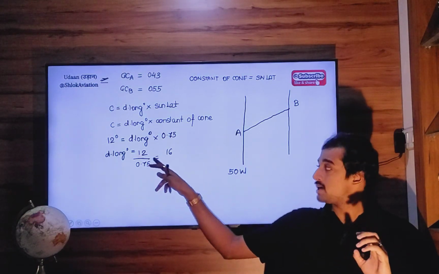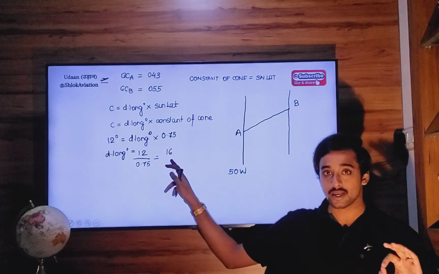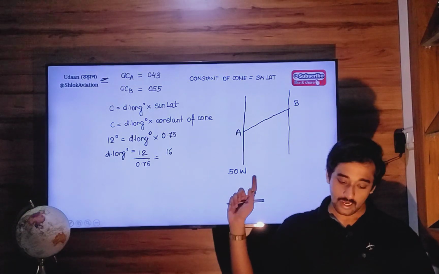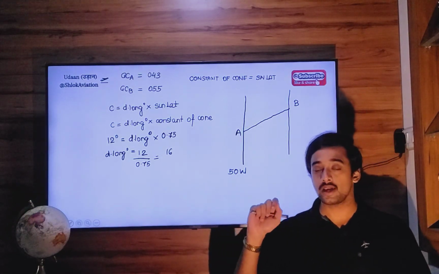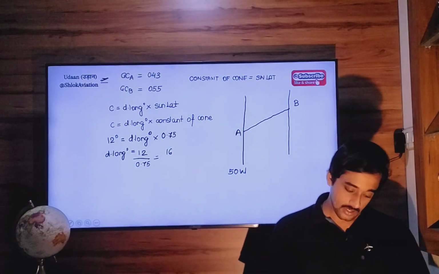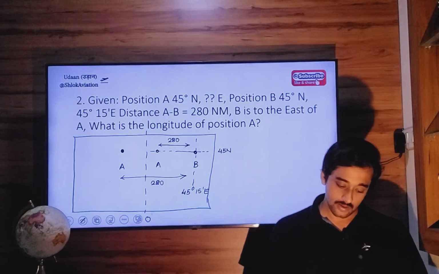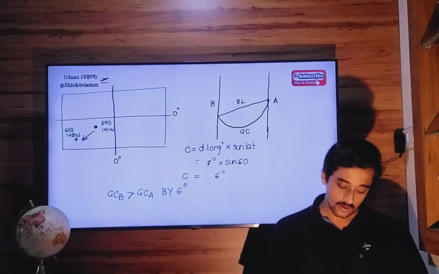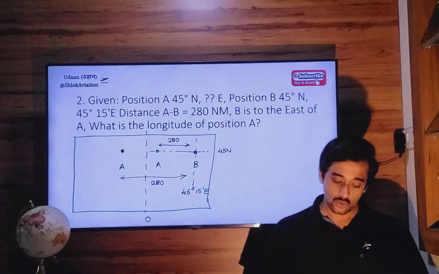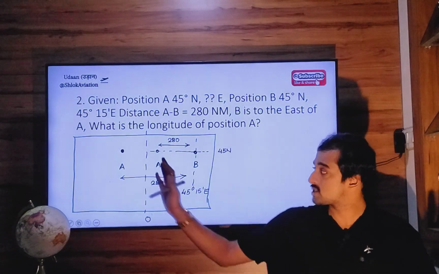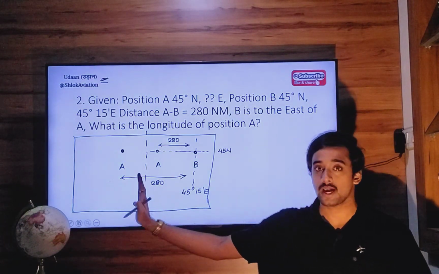Longitude of Bravo will be 16 degree different from longitude of Alpha, now going in the easterly direction. So you are in the west hemisphere, the west of prime meridian.